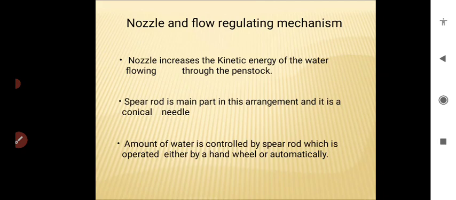The nozzle increases the kinetic energy of water flowing through the penstock. The spear rod is the main part in this arrangement and it is a conical needle. The amount of water is controlled by this spear rod, which is operated either by hand wheel or automatically.